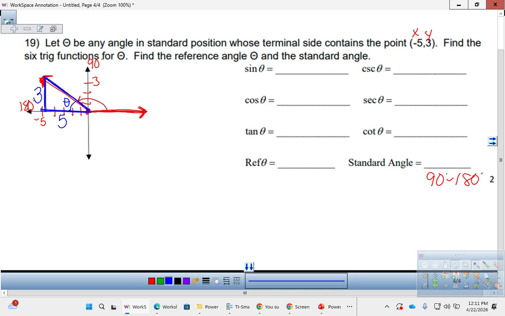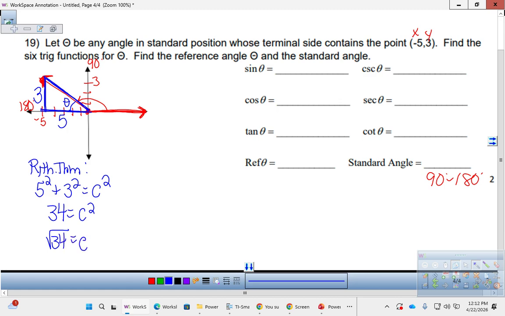And so we have a right triangle where we know 2 of the 3 sides. So we could use the Pythagorean theorem to find my third side: leg 1 squared plus leg 2 squared equals the hypotenuse squared. So we end up with 5 squared plus 3 squared, so 34 is equal to c squared, and so we end up with the square root of 34.